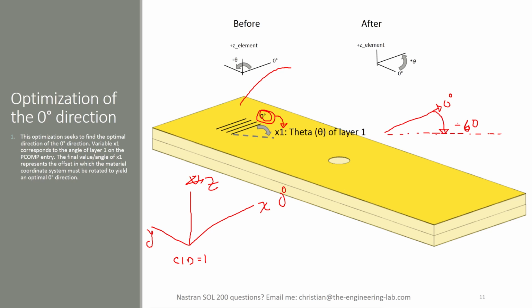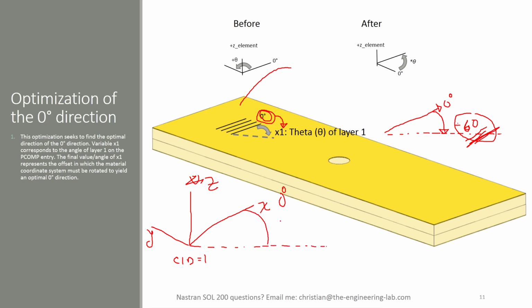If the optimizer at the end of the optimization tells us that the better theta is negative 60, this is telling us that we should rotate the 0 degree ply negative 60 degrees to optimize the direction of the 0 degree ply. Once we know this offset theta, all we need to do is go back to the coordinate system and rotate it by that value.